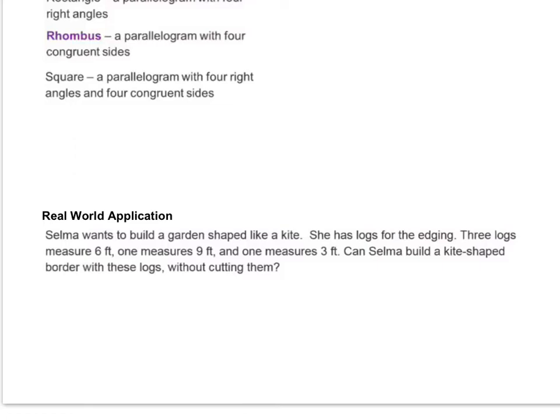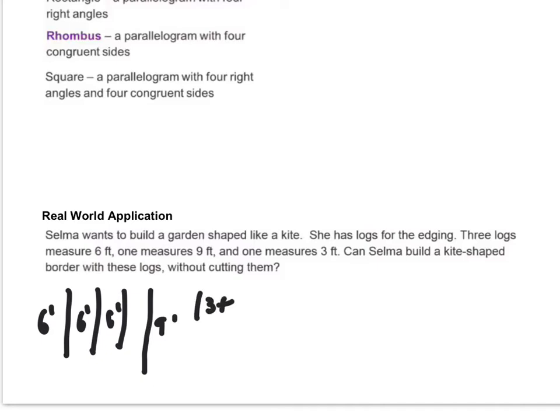What you think about is you have 3 logs that are 6 feet. So I'm going to do this. Let me make a log like this that's 6 feet, 6 feet, and 6 feet. We have one that's 9 feet, and then we have one that is 3 feet. Now what I know is that I have 2 logs that are already congruent.